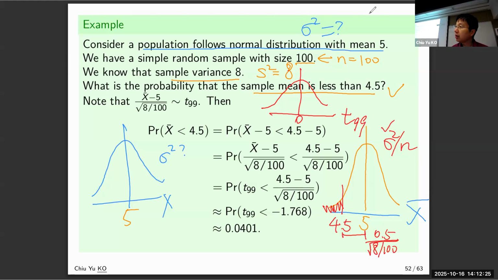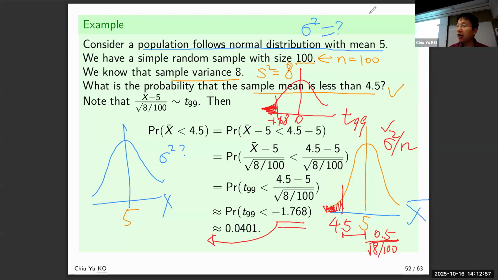So the location is negative 1.768, which is here. The question is whether this area is the same as this area. And how can you calculate this?